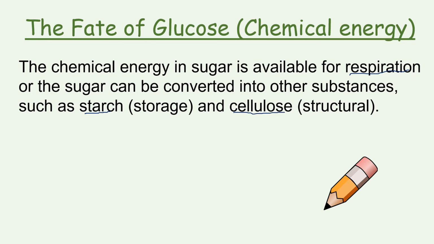If you remember, the cell wall in a plant is made up of cellulose. So make sure you know the three things that glucose can be used for: respiration, storage as starch, and structural, in the case of cellulose. Make sure you know that before you move on.